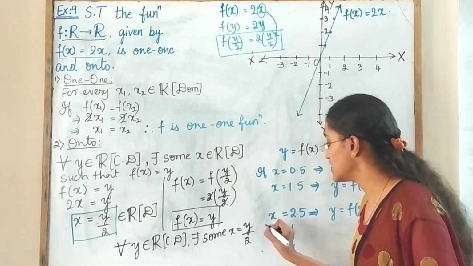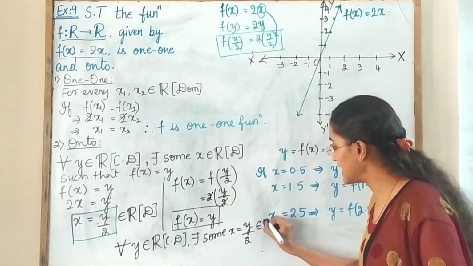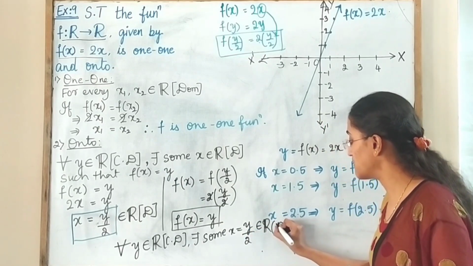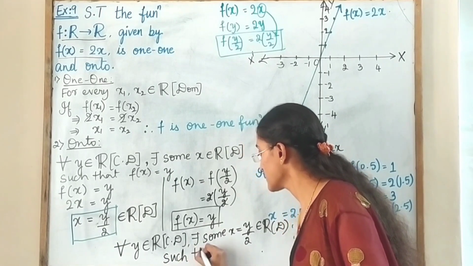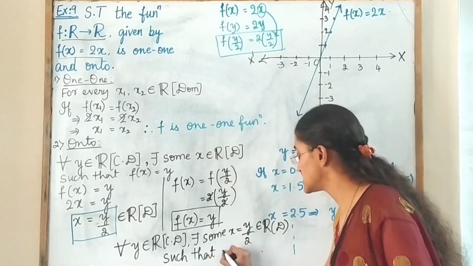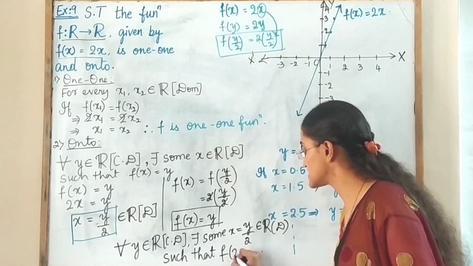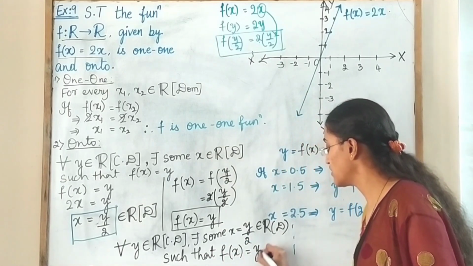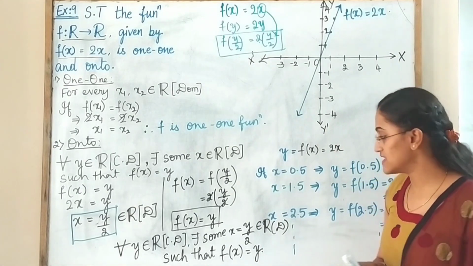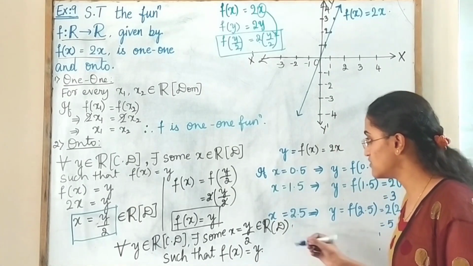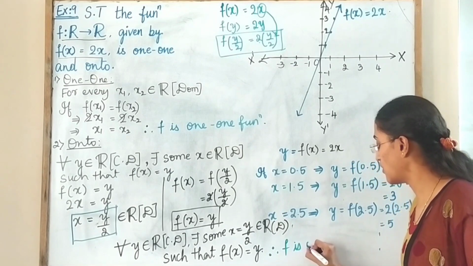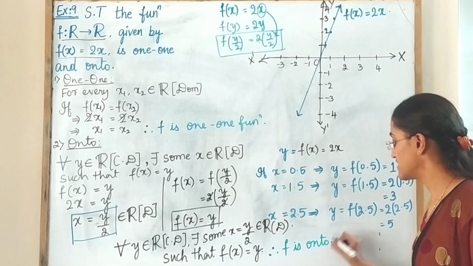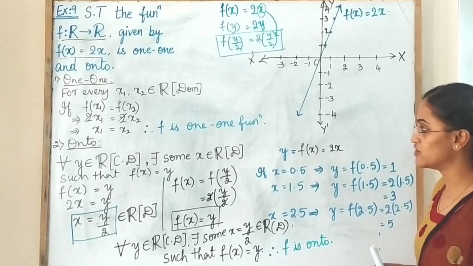Y by 2, which belongs again to the real number set, which is from the domain, such that f of x is equal to y. We have now proved this, and hence you can conclude that f is onto function.